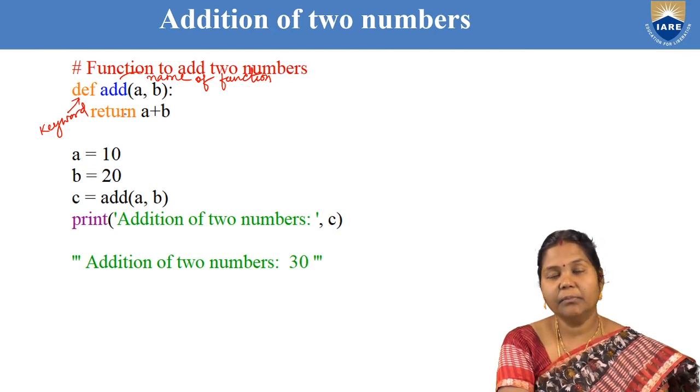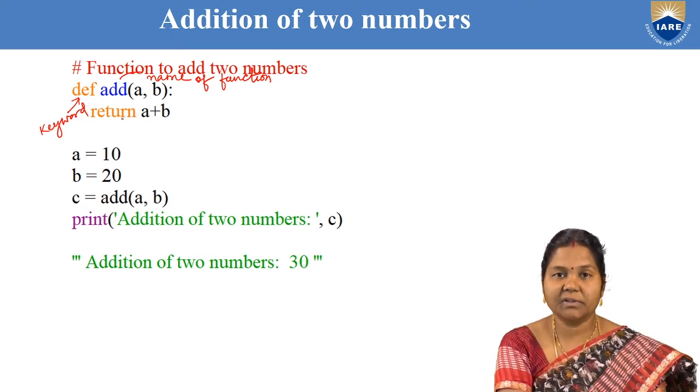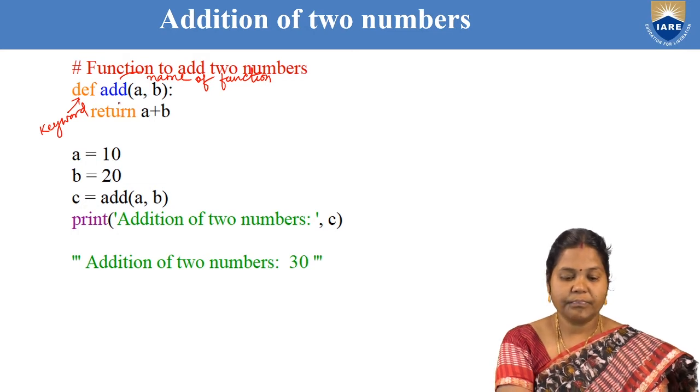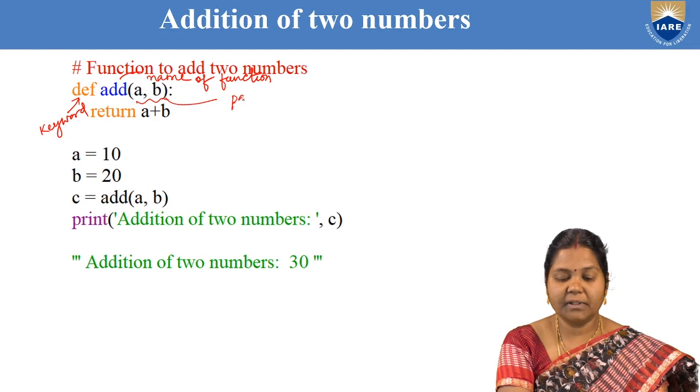The name should be a meaningful name describing what the function is doing. Here my purpose is to do addition of two numbers, so that's why I have taken the name of the function as add. And here a and b are the two parameters or arguments I am passing to the function.